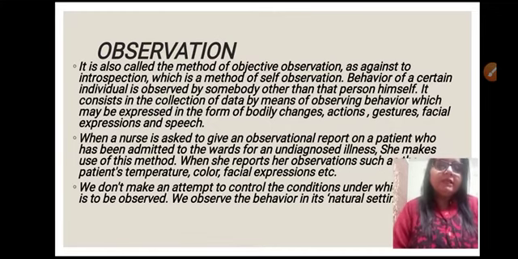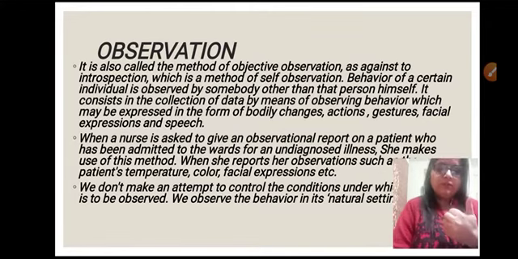Then the second method is the observation method. This is also called the method of objective observation. This is completely opposite to introspection, that is a method of self observation. So basically, in the introspection method, the person himself observes. But on the other hand, in the observation method, we require two people.